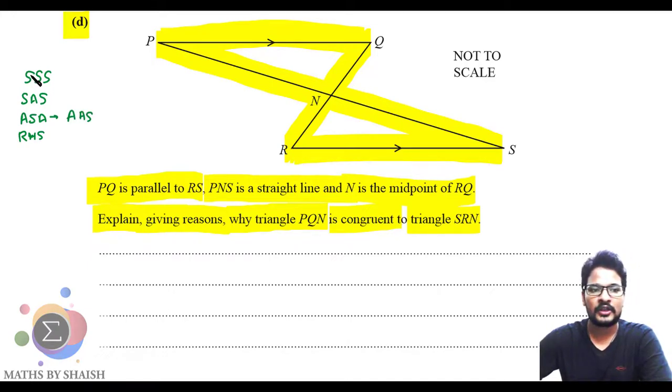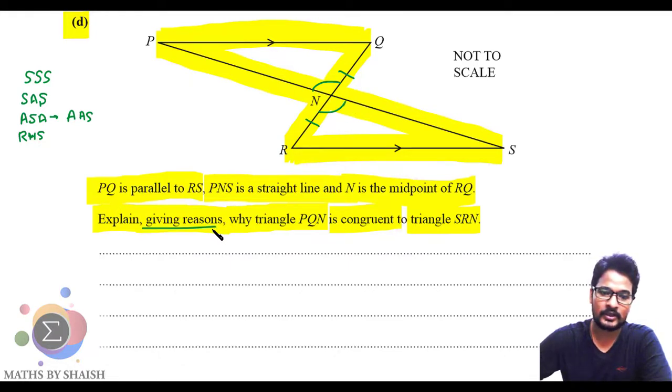So these are the congruency criteria, so we have to find any of these. And here obviously the sides are not given equal, any of the sides like PQ and RS, but N is the midpoint of RQ. It means these two are equal, and the angle at P and Q and the angle S and R, they are equal, vertically opposite angles.